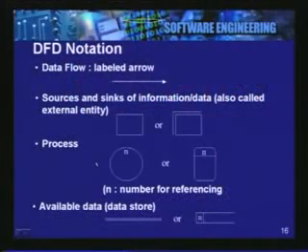Here is the notation that we use in diagramming the data flows. In the diagram, you show data flow through an arrow. Usually the arrow will be labeled with the kind of data which flows on that. Then we show the sources of data or the sources which use this information. These are generally the external entities, and these entities are shown using either a rectangle like this, or it may be a double-edged rectangle.